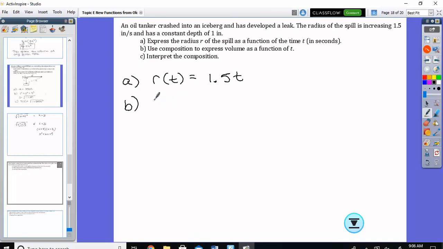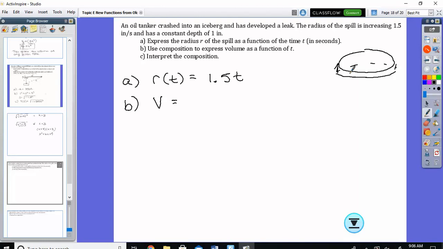B, I want volume as a function of t. In general, we have a circular oil spill, but it also has a depth to it, right? So we're looking at essentially a cylinder here.